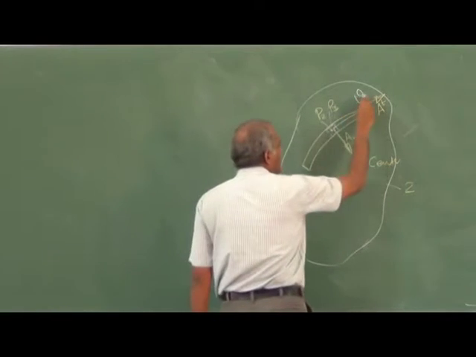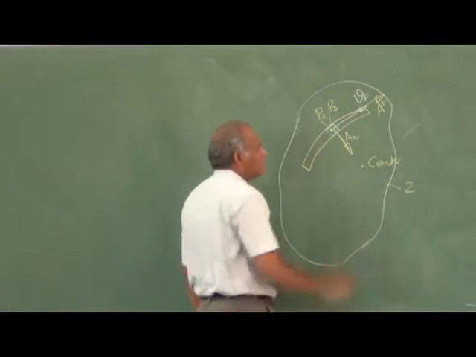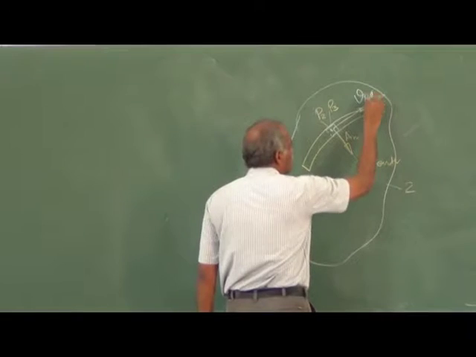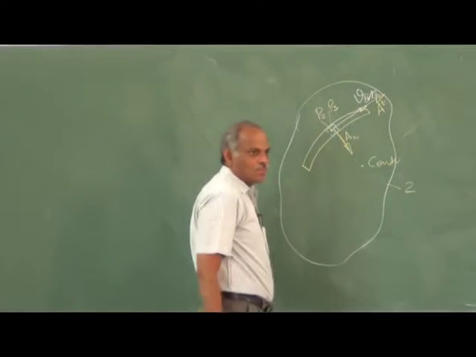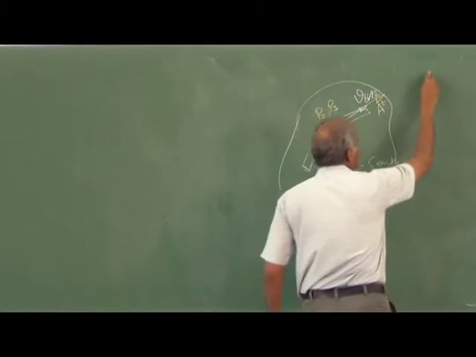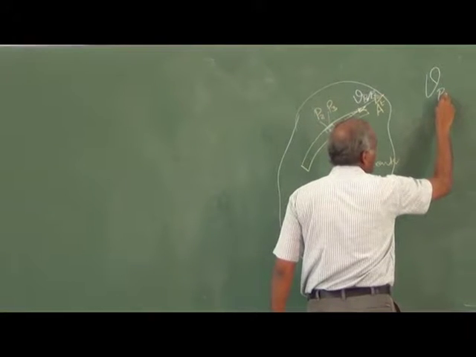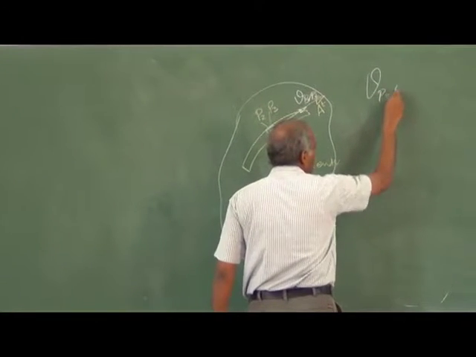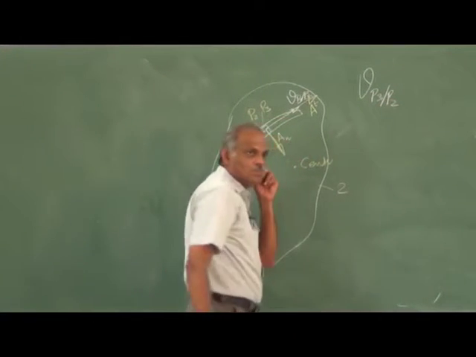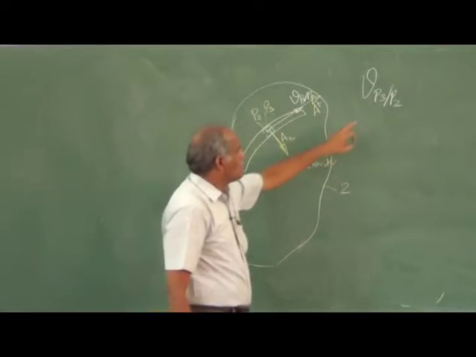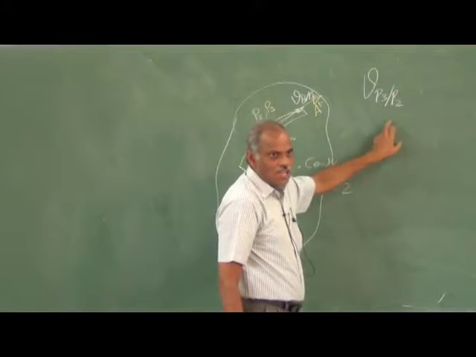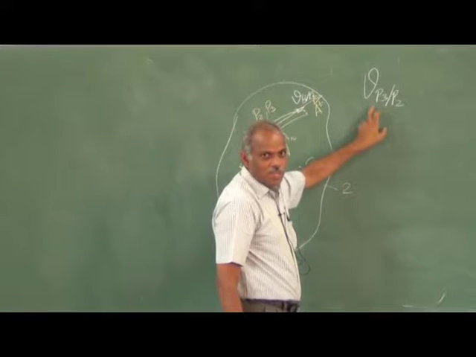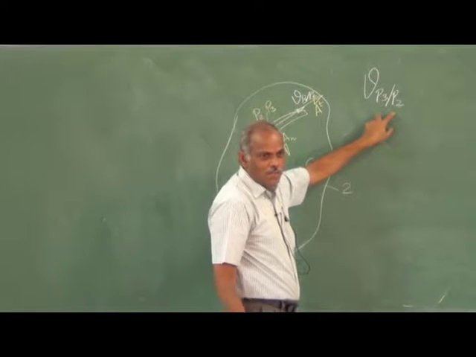Now this is the velocity of P3 with respect to P2. So how do I write the velocity of the slider? Velocity of the slider is given by velocity of P3 with respect to P2. Now you see that there is a slash, which means that P3 and P2 are on different bodies.